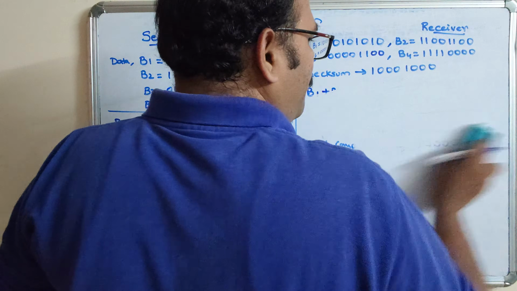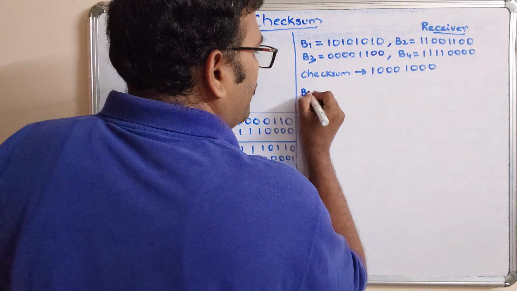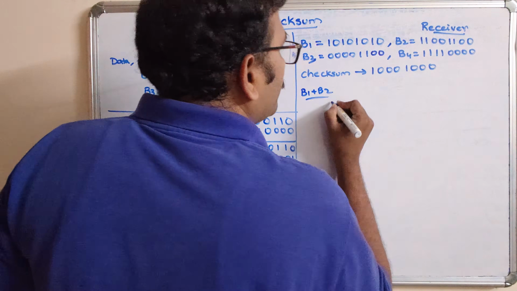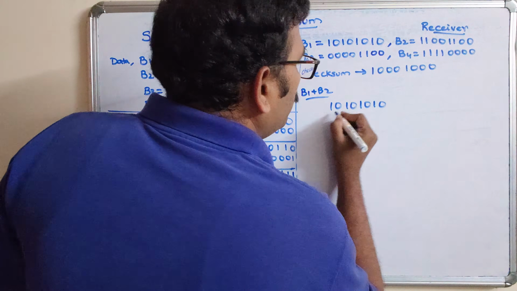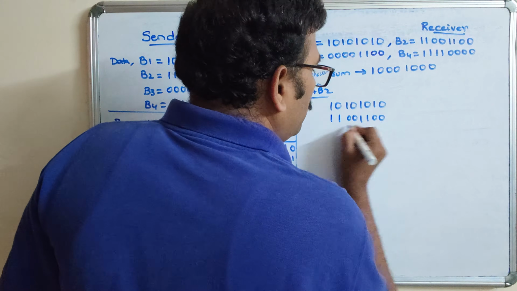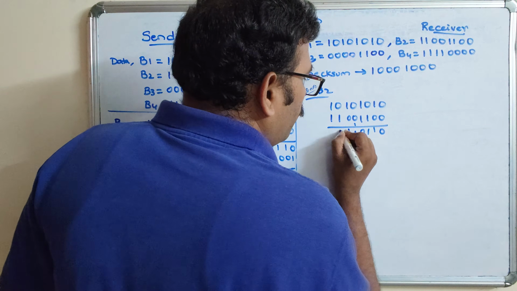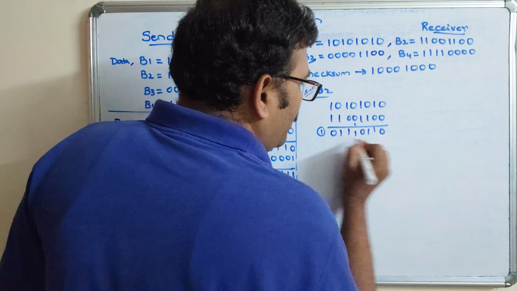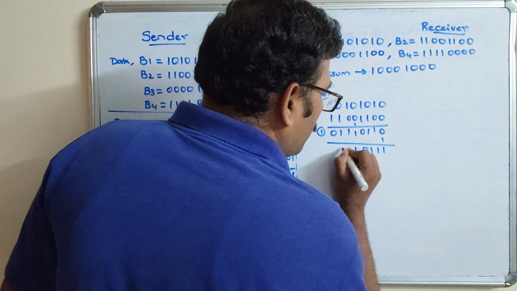Again, apply the same: B1 plus B2. B1 is 1 0 1 0 1 0 1 0, and B2 is 1 1 0 0 1 1 0 0. Adding, you get 0 1 1 0 1 1 1 0 with a carry 1, so I need to add it here, giving 1 1 1 0 1 1 1 0.